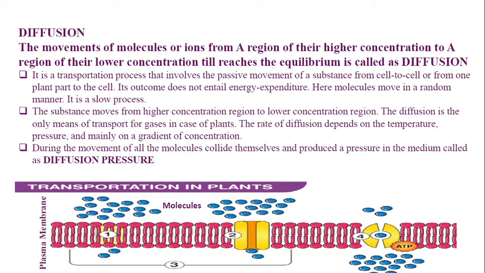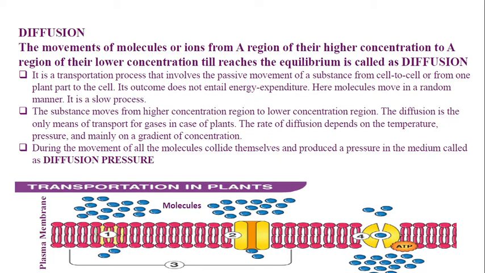Suppose the water molecules are present in the soil region, and the root possesses a lower concentration, meaning it requires water molecules, while the soil has an abundance of water particles, which is a higher concentration.